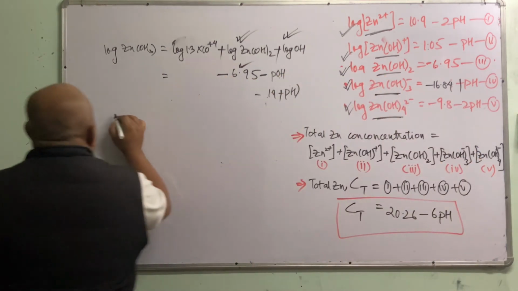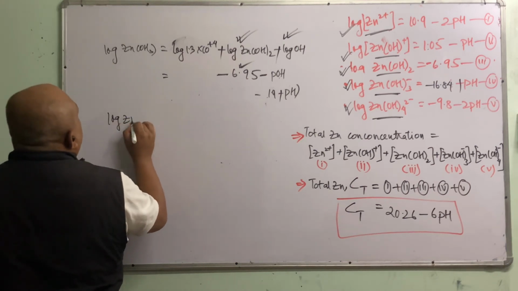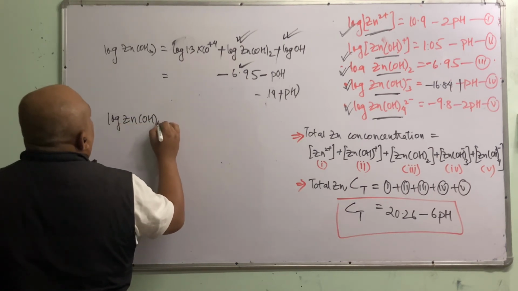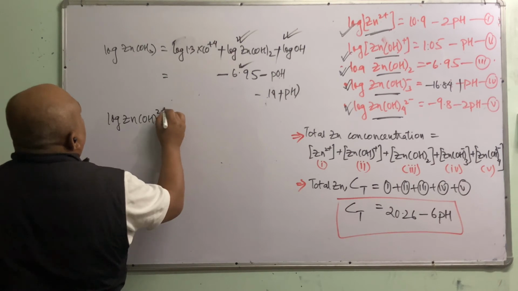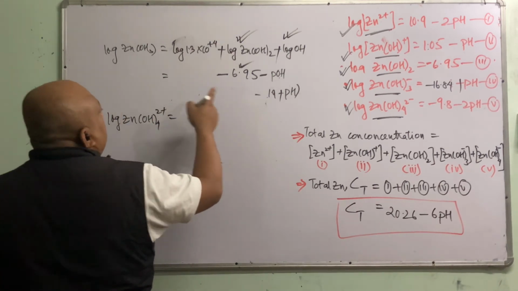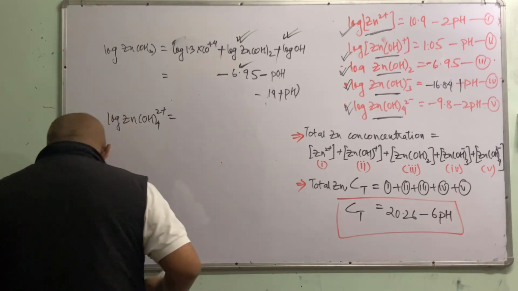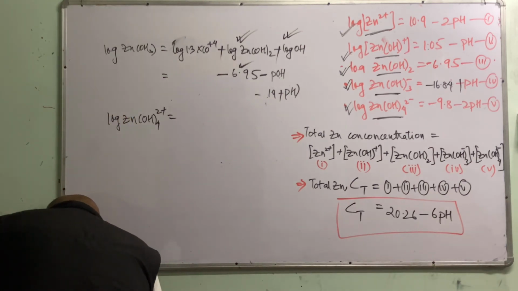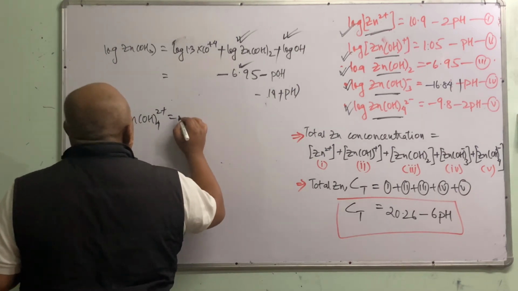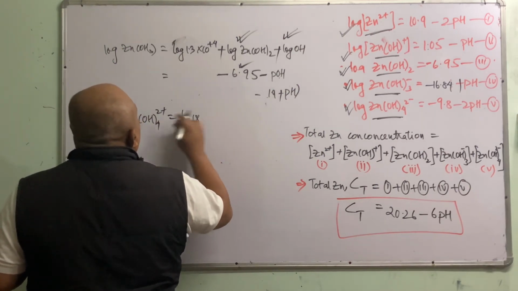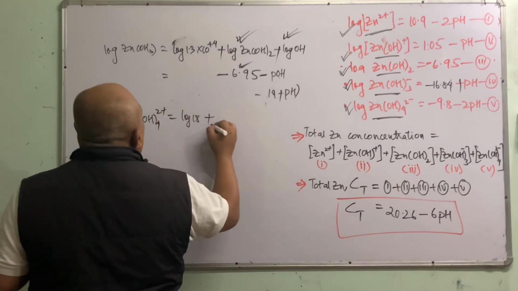And the next one is log of Zn(OH)4 2 plus is equal to... I'm just doing the shortcut. What was the consideration? What was the constraint? It is 18. Okay, it's going to log of 18. Since it's going to be minus, it will be plus over here.